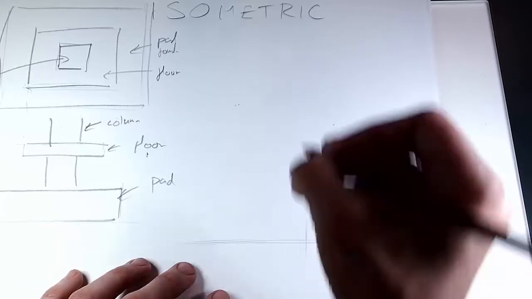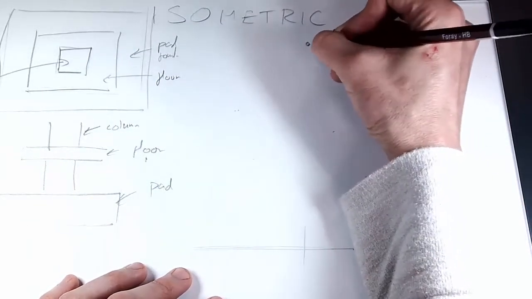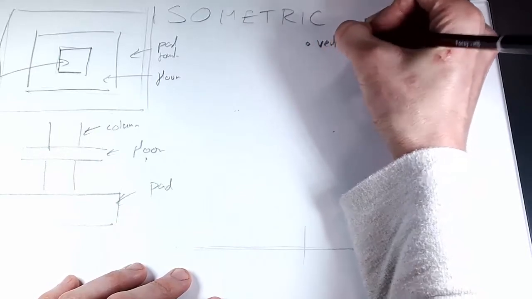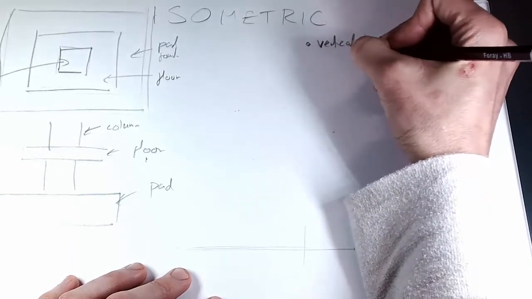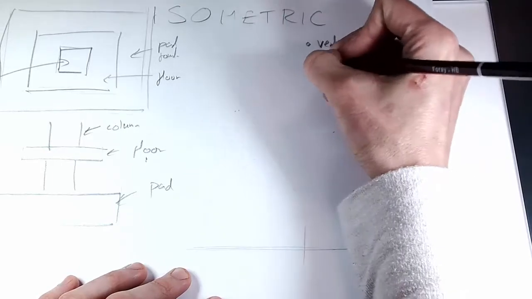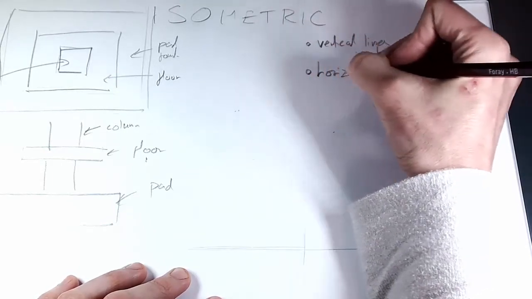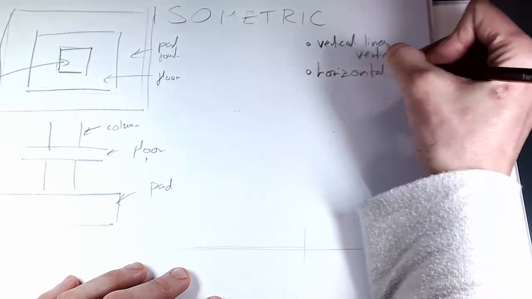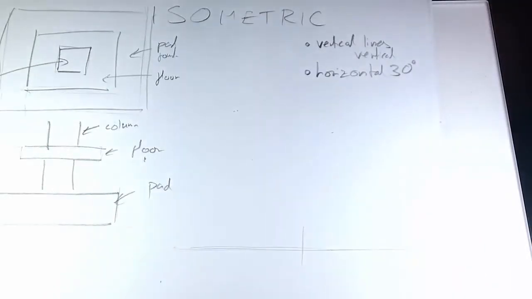In isometric projection, all the vertical lines remain vertical. And all of the horizontal lines are going to be at 30 degrees. So I'm going to have the corner of my pad foundation here where I put the cross, and I'm going to draw my foundation coming up in isometric projection.